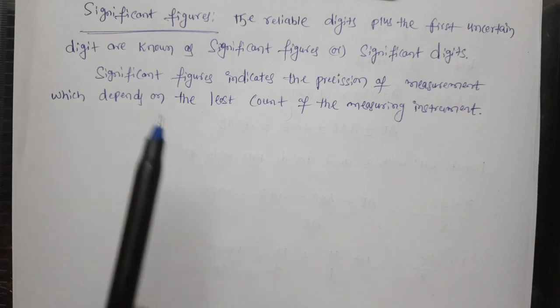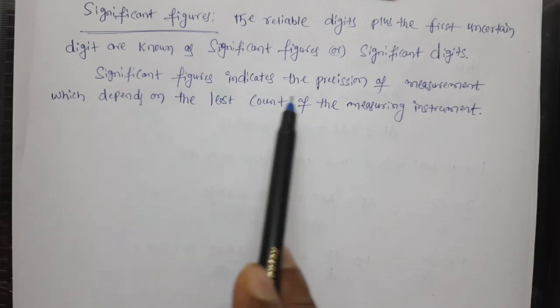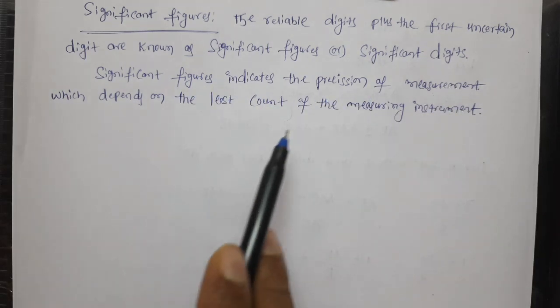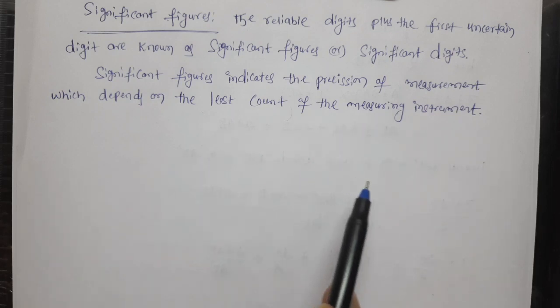Significant figures indicate the precision of measurement, which depends on the least count of the measuring instrument.